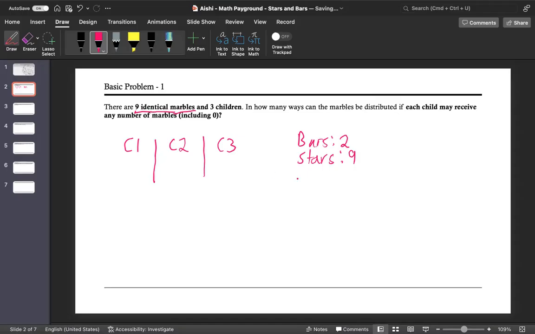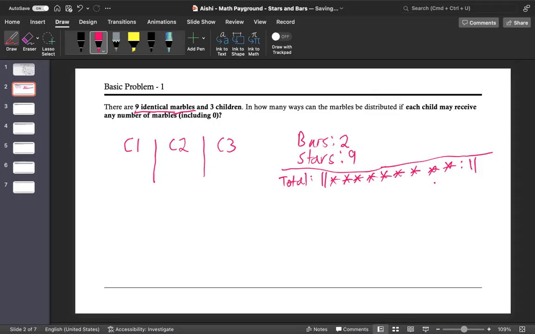So our total objects over here will be 2 bars, and let's see, 1, 2, 3, 4, 5, 6, 7, 8, and 9 stars, which is 11 things.